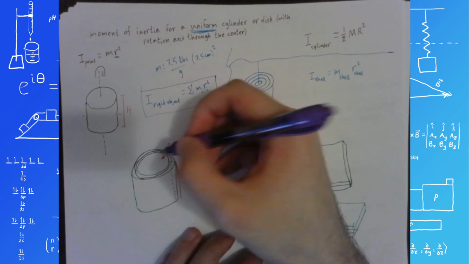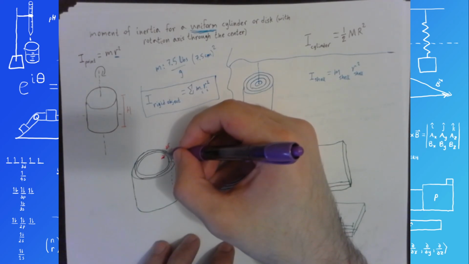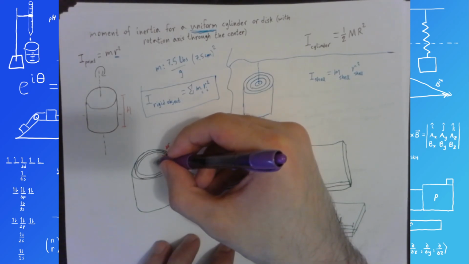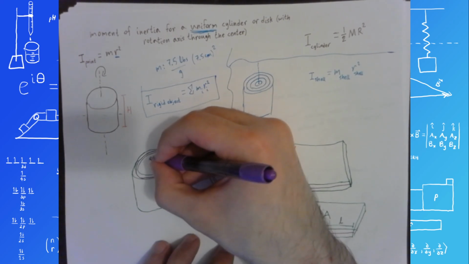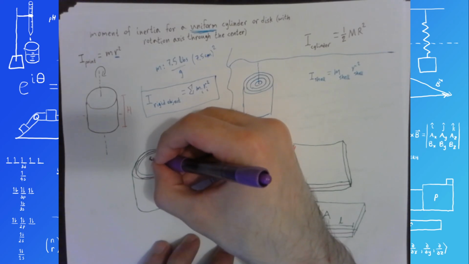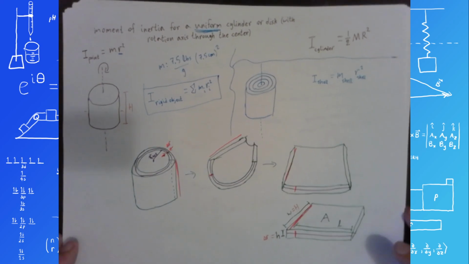And what was this before we unfurled it? If we treat the inner radius and outer radius as being approximately the same, then we can just take whatever radius this particular shell had. That's not even legible, is it? It says our shell. You're just going to have to trust me on that.